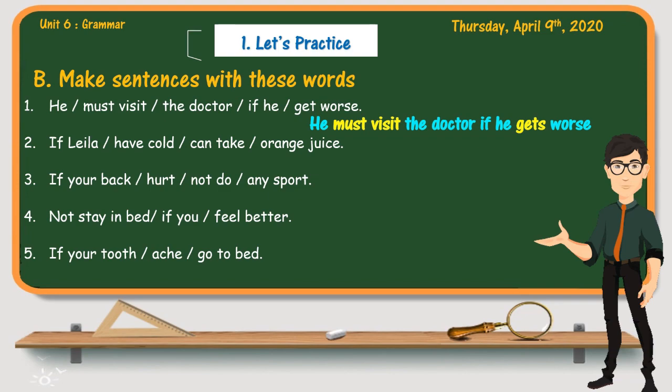Example number 2 has words like if Layla have cold can take orange juice. So the sentence to make should be: if Layla has cold, she can take orange juice.